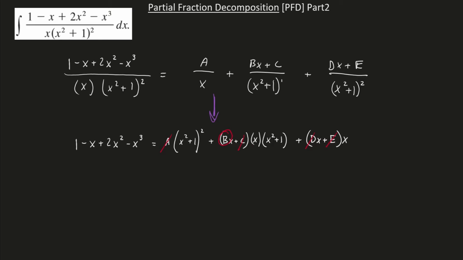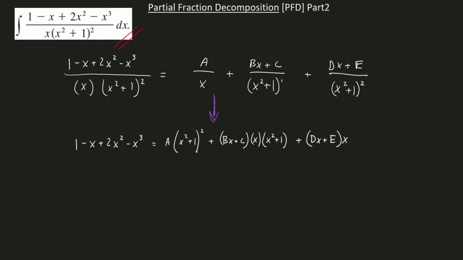There are a lot of PFD problems in which there are just so many of these A, B, C variables that it's nearly impossible to plug in a value of x that will eliminate all of these variables except for one of them. So we're going to talk about what to do in these cases.